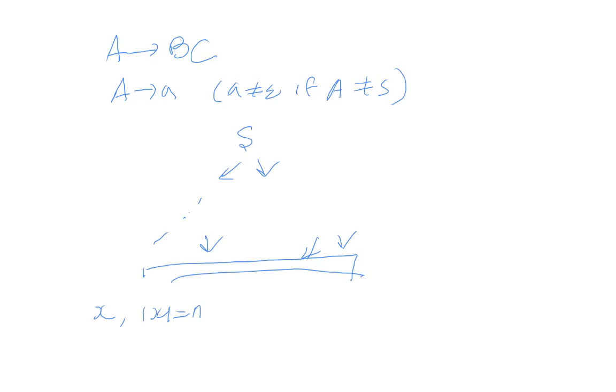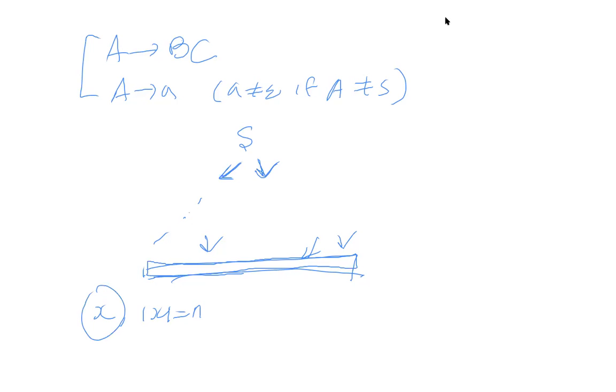Using this form, the derivation tree is a binary tree, and what you are going to do is look for whether there is a derivation tree that derives this x. How many steps can we determine?